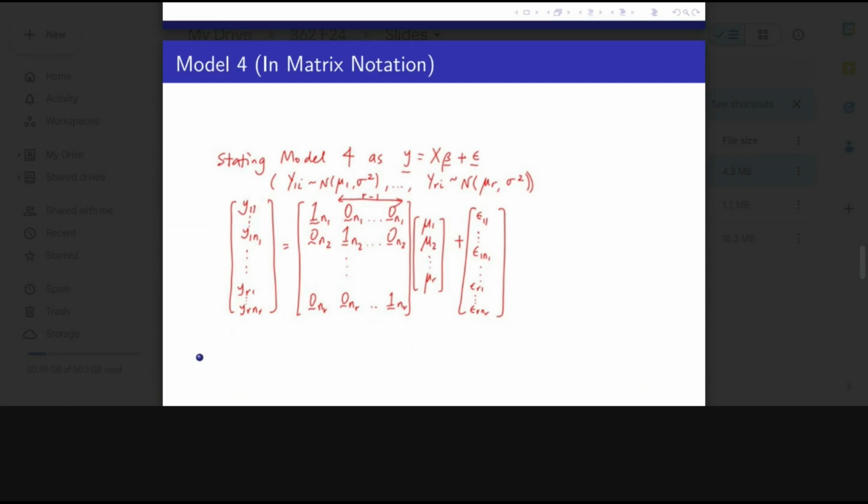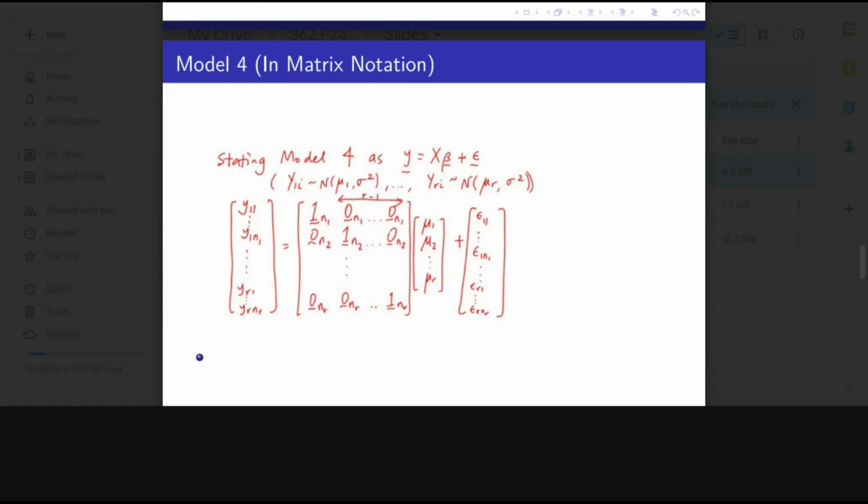So this is the most general. Sample sizes are not necessarily the same. I got N1 for group 1, N2 for group 2, all the way to NR for group R. Can you see, first of all, why this matrix has become like this? You have ones that are N1 long, and then 0 all the way.